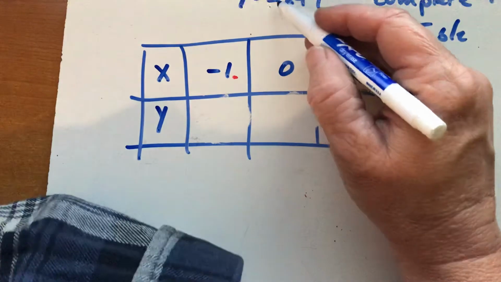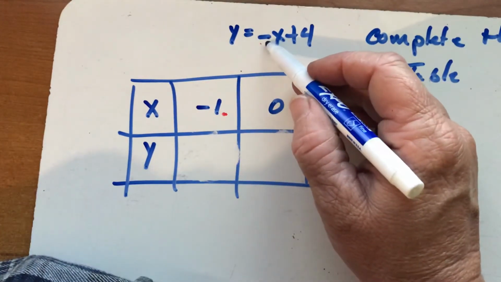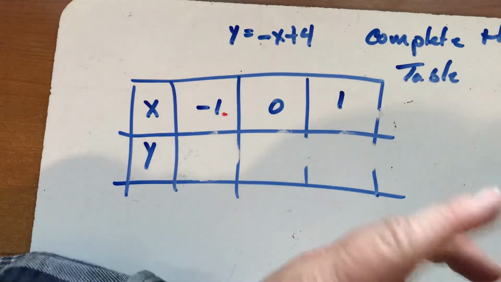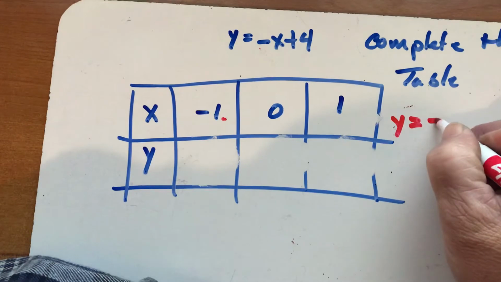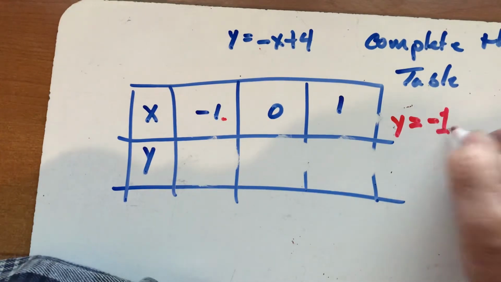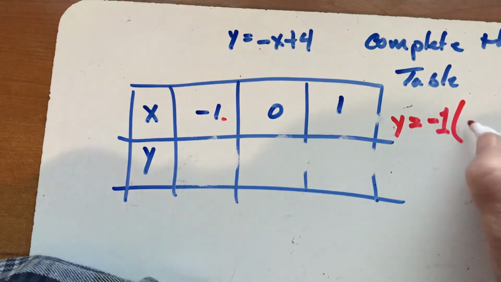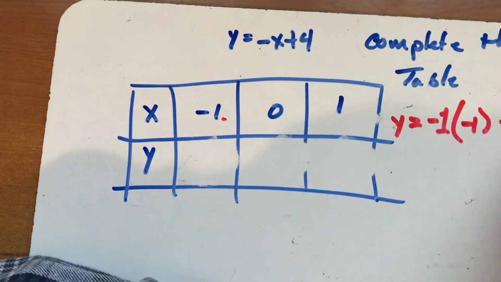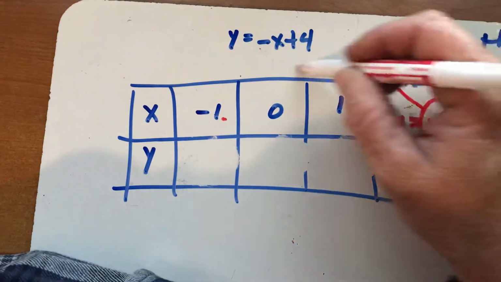The kicker of the negative is that's really a -1. Okay? So I'm going to say y equals a negative. I'm going to go ahead and write that as a -1, okay? Times the -1 plus 4, okay?